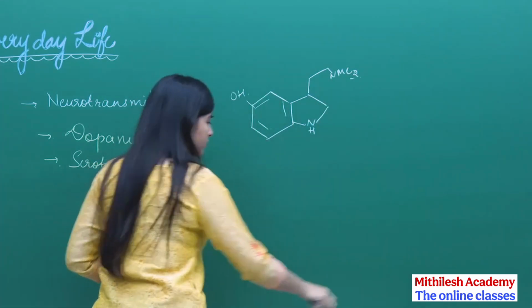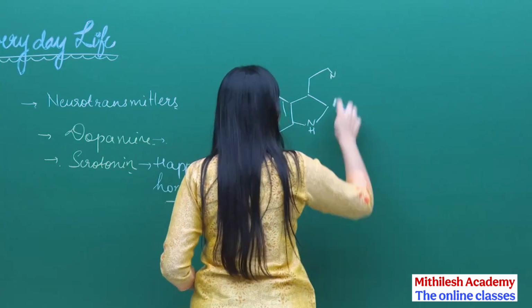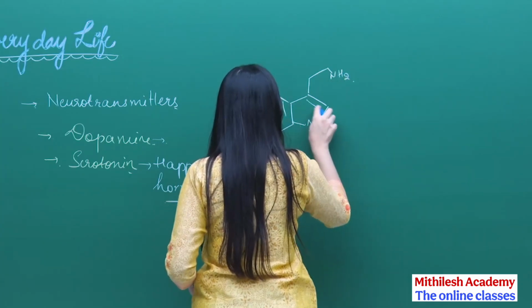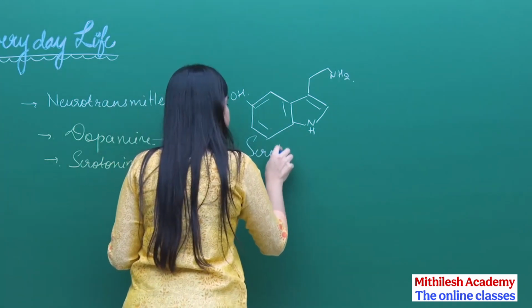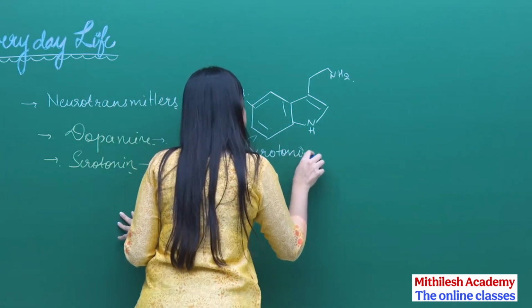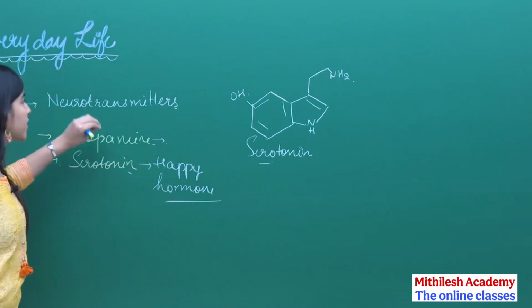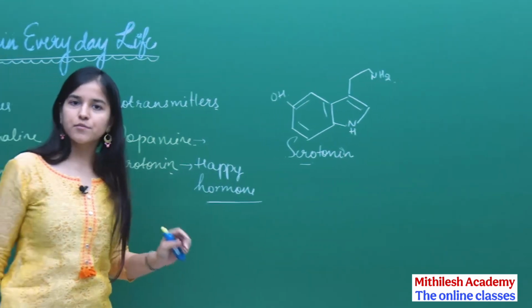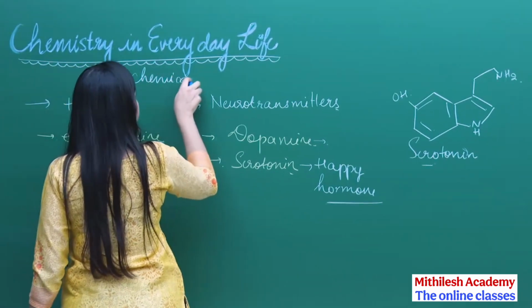So that is basically dopamine. And this is serotonin. It can be called a hormone, but actually functions as a proper neurotransmitter. These are nothing but the chemical messengers that we have discussed.